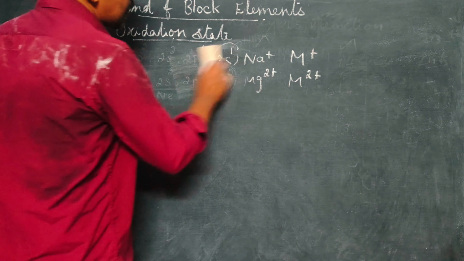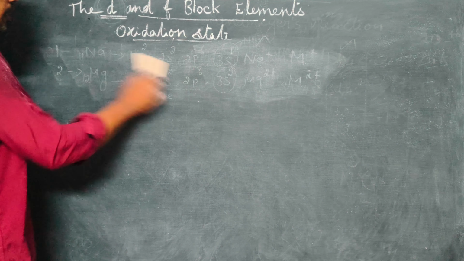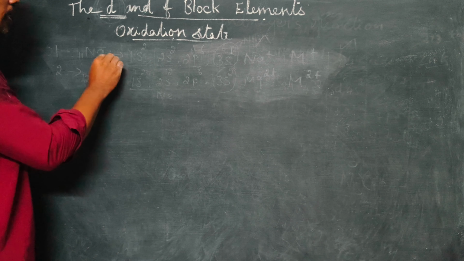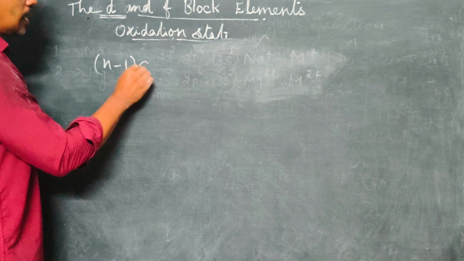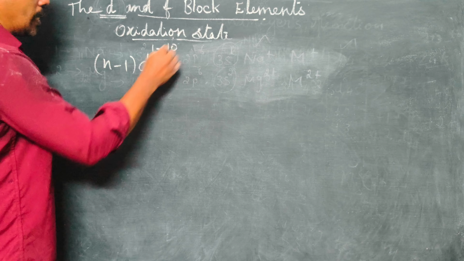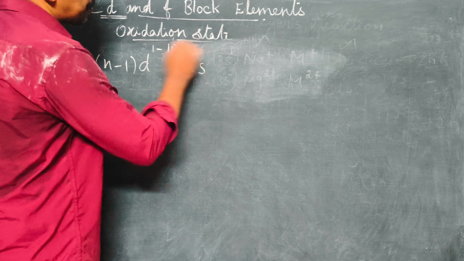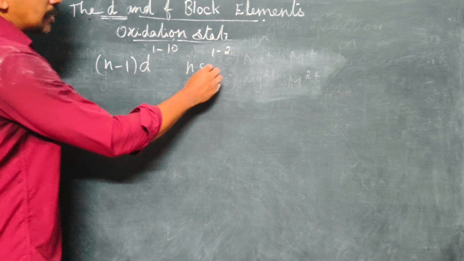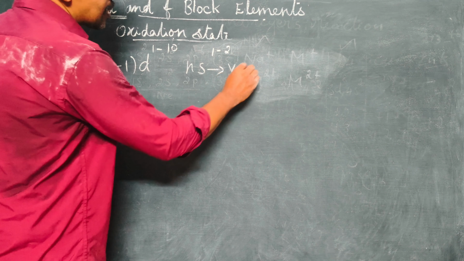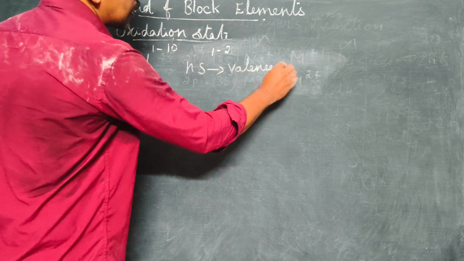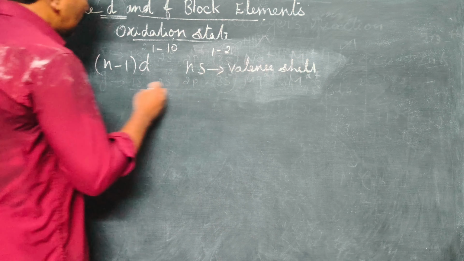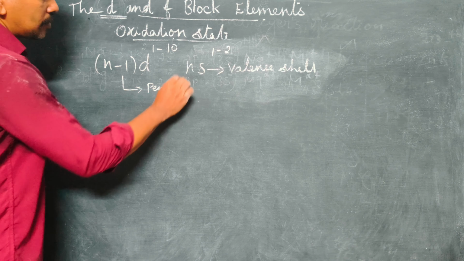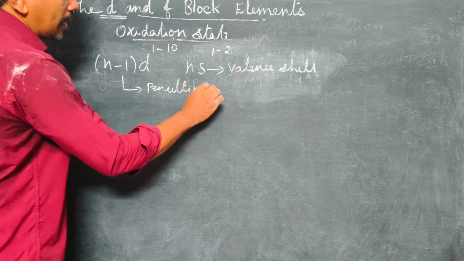The reason is this. The general electronic configuration of d block elements is (n-1)d1 to 10, ns1 to 2. Now you see, this ns is the valence shell, and this (n-1)d is the penultimate shell.